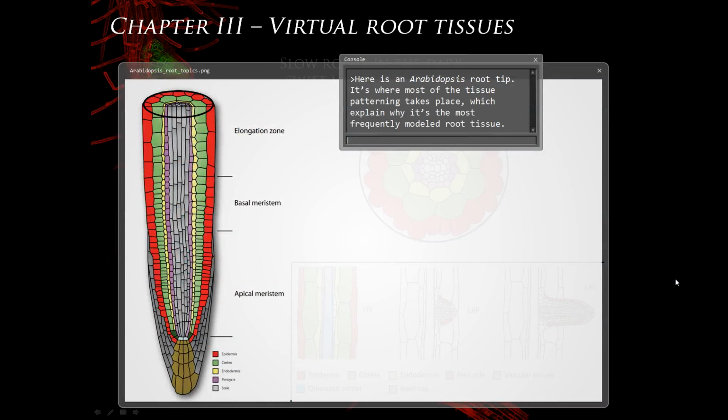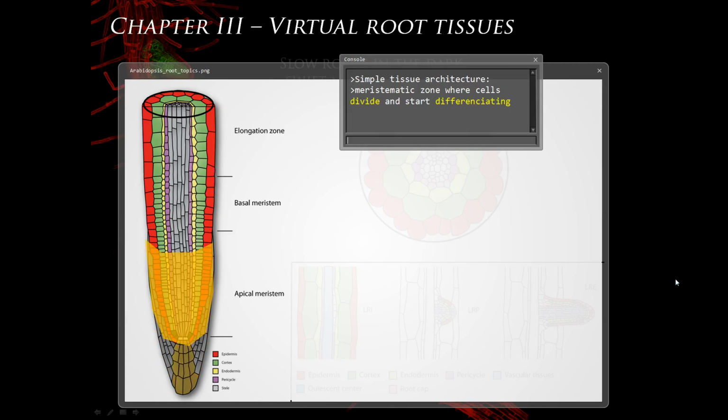It's where most of the tissue patterning takes place, which explains why it's the most frequently modeled root tissue. Simple tissue architecture: it's made of concentric cell cylinders which taper to a point at the root tip, and this root tip is actually responsible for environmental perception processes.